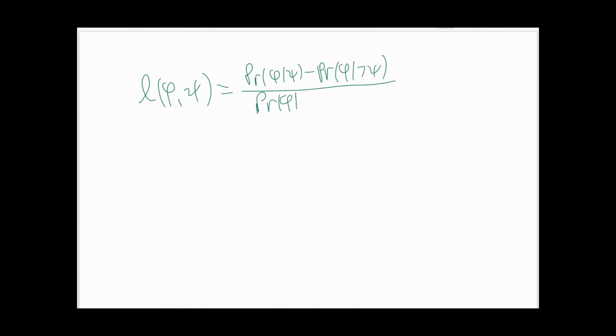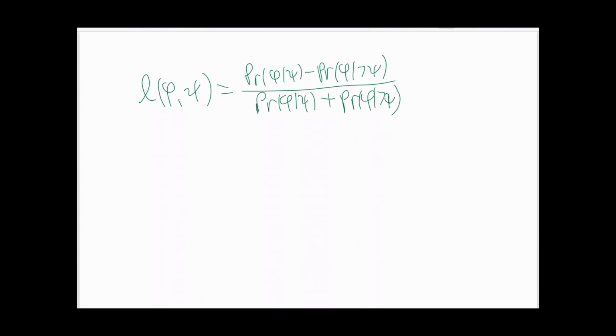So let's justify this to ourselves. L of phi psi is equal to the probability of phi given psi minus the probability of phi given not psi, divided by the probability of phi given psi plus the probability of phi given not psi.